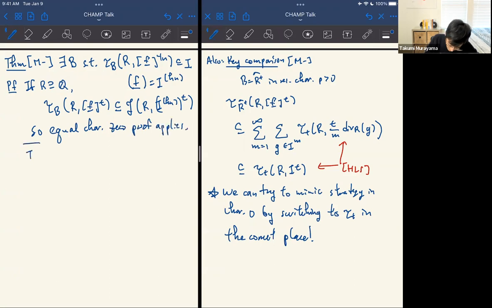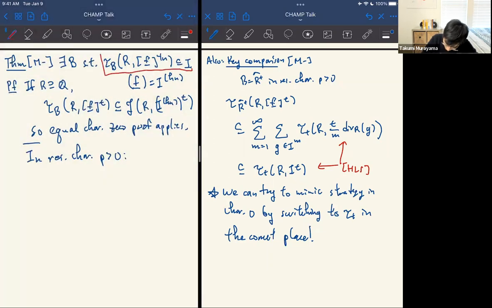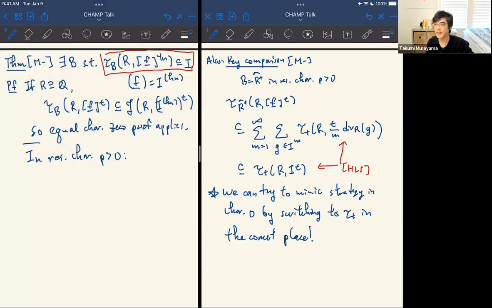What's remaining is the residue characteristic p case. We want to prove that this test ideal is contained in I. To check that, all you need is that this inclusion holds at the associated primes of I, because otherwise there isn't much to show.